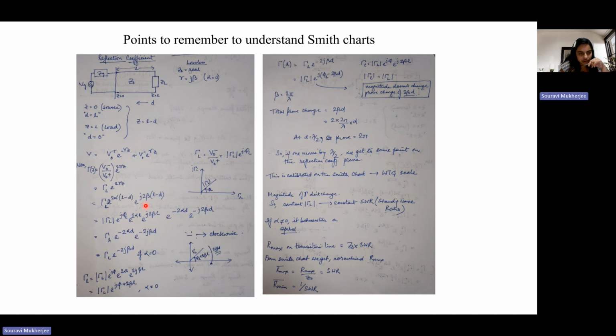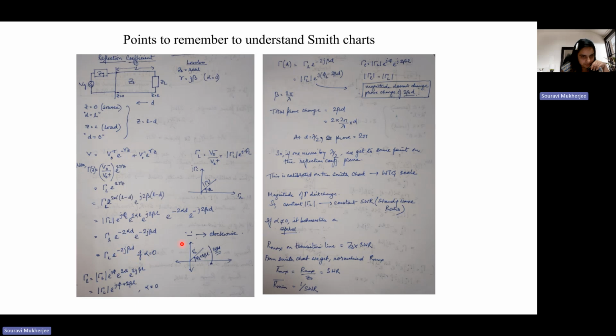What we saw is that at a certain z equal to L, some value here, we had some phase. And as we moved from the load towards the generator, what happened? We had this extra e to the power minus 2j beta d coming in. Now, what is this minus 2j beta d telling you?